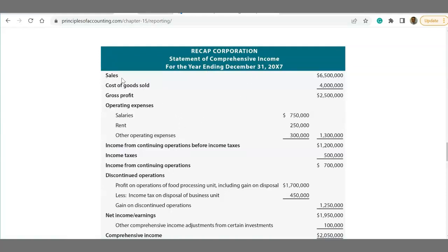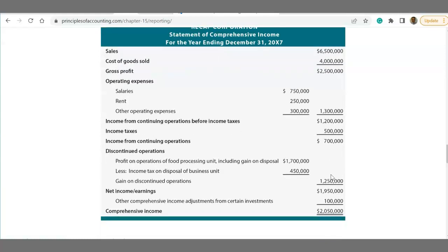So sales is whatever it is, cost of goods sold, gross profit, normal, operating expenses, add them up. Income from continuing operation is 1.2 million. And then income taxes, 500,000. And that gives you 700,000 income from continuing operation.